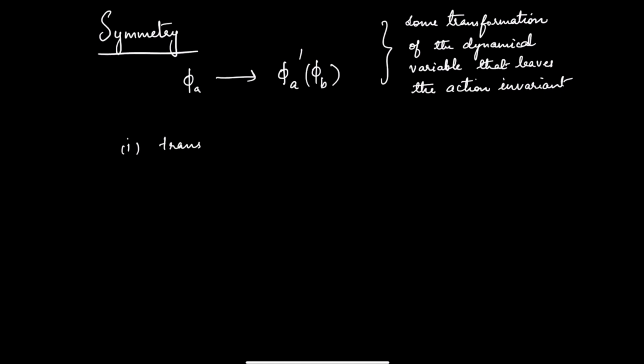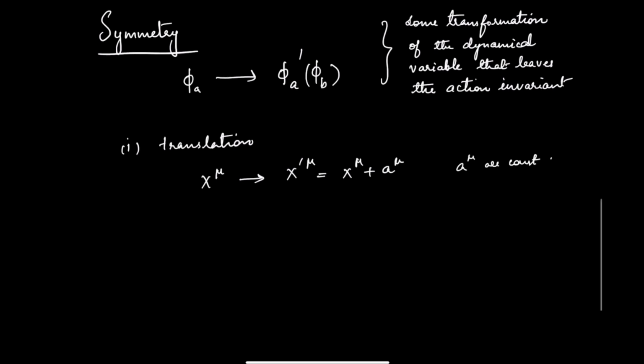Okay, if you have a coordinate x mu, you transform it to x prime mu by adding a constant. Here a mu are constants. Then the field phi of x will be transformed to phi prime of x prime. Here you can notice that the labeling changes but the value does not change.